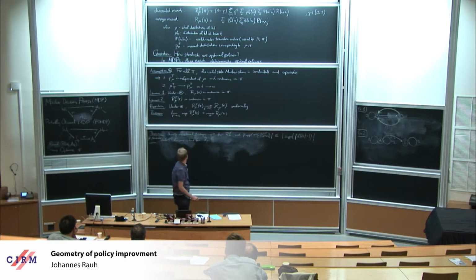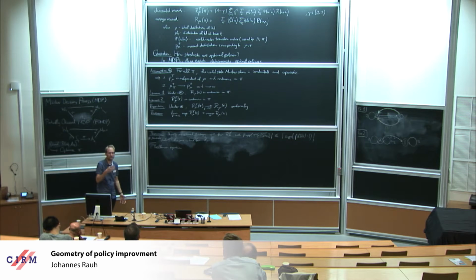Okay, and the way to prove this is what I call the geometry of policy improvement. It goes as follows. The problem in analyzing the discounted reward is that things are, in a sense, nonlinear because of the presence of the iterated distribution of the world state at time t.